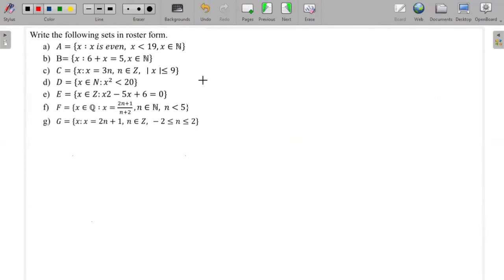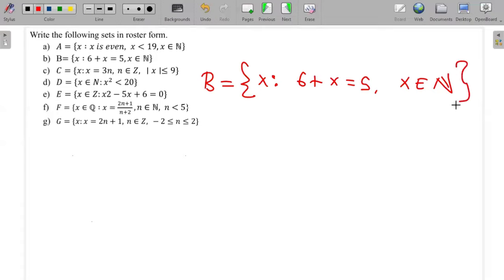So the other one here is set B is equal to, okay, set B is a set of all x's such that 6 plus x is equal to 5, and x is a natural number.